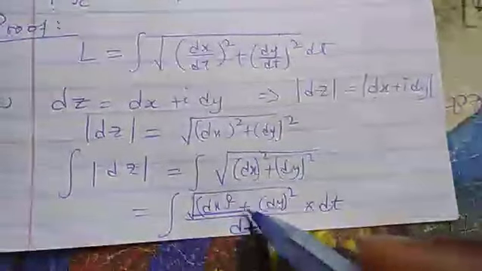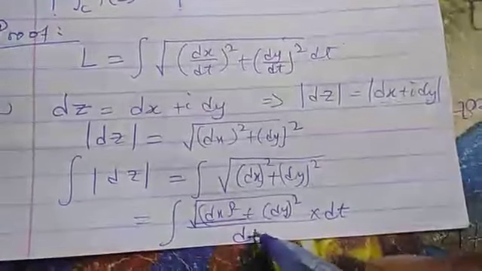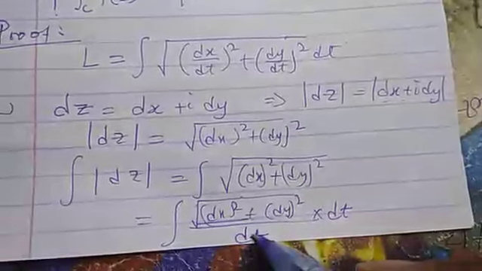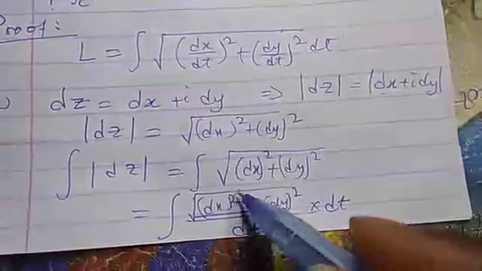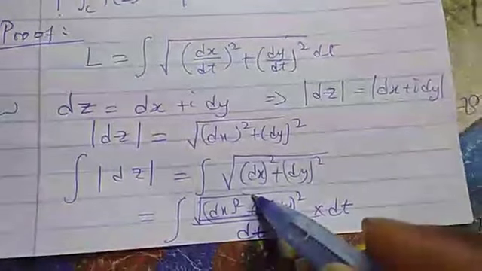Now this dt, by indices, by surd, I can bring it in, it will become squared if I take it into the square root.